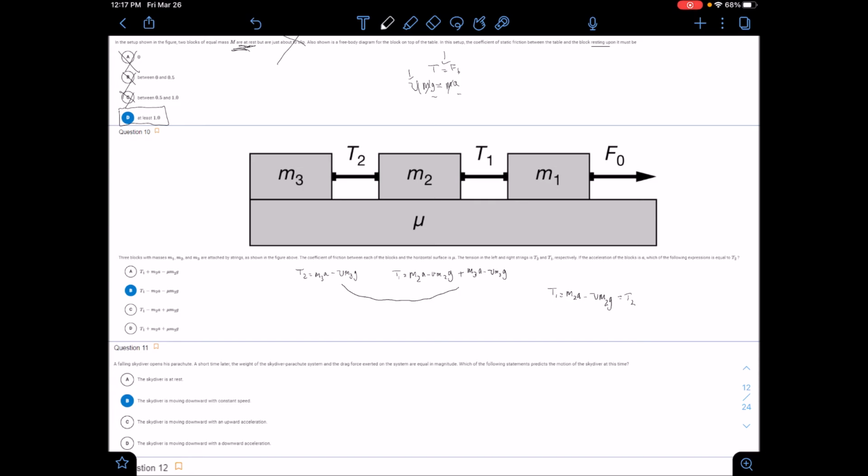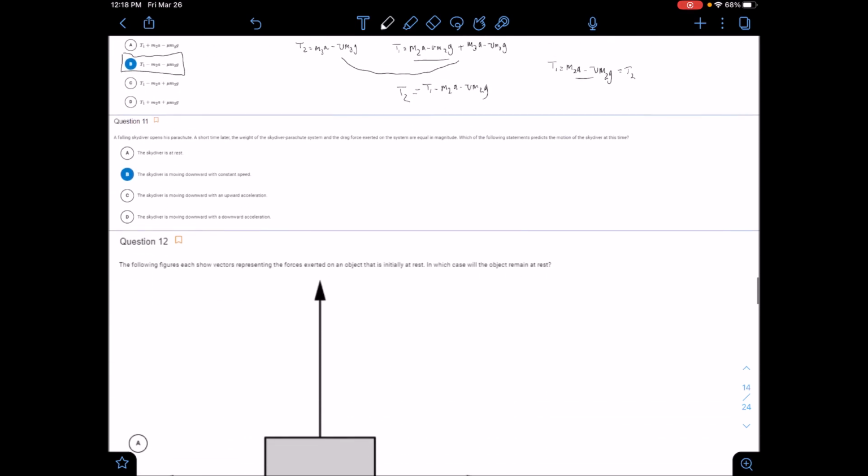And so what we can do is we can substitute this into here, and we get that T1 minus M2a minus μM2g would be equal to T2. And the math checks out, so option B will be our final answer.